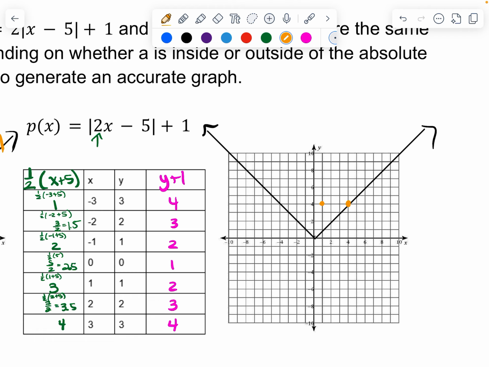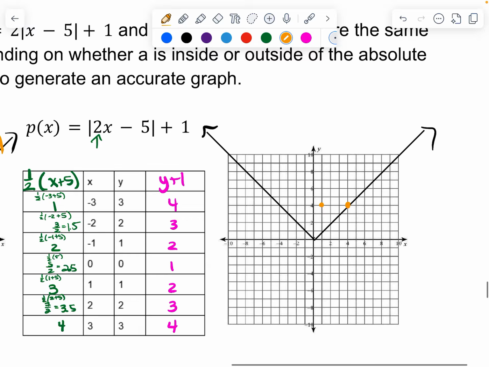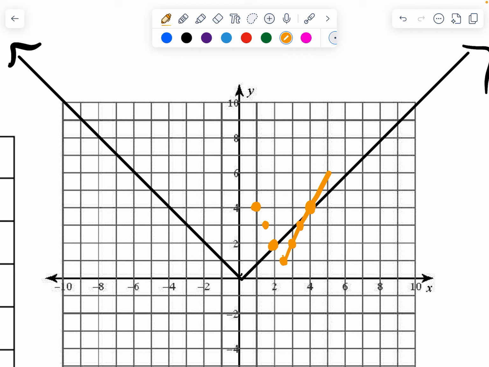And then I have 1.5, 3, and 3.5, 3. Then I have 2, 2, and 3, 2, and then I have 2.5, 1, like so. And voila.